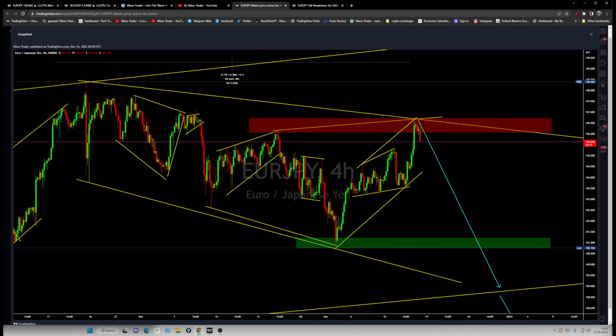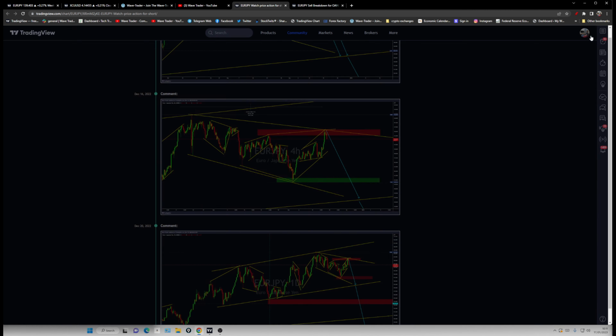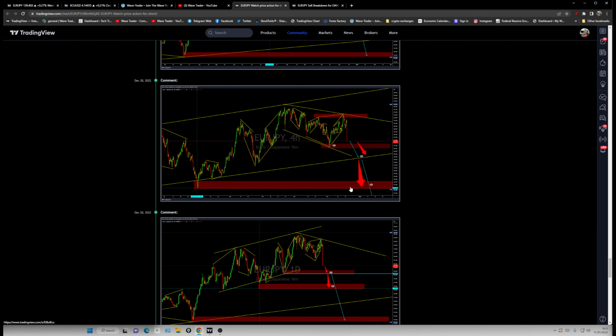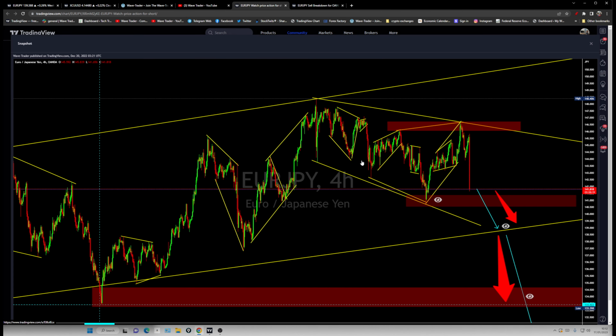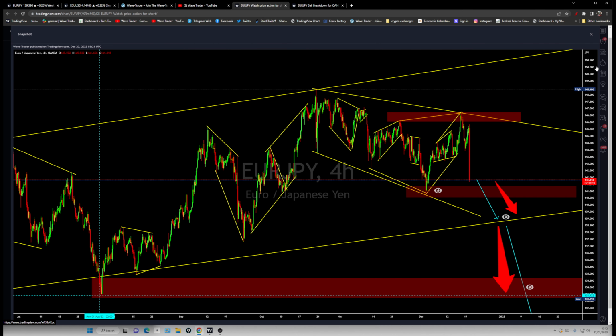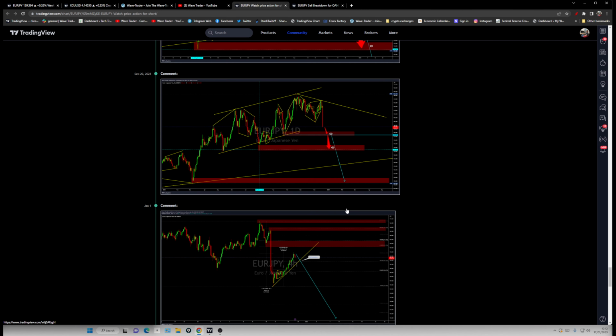Okay, so that expanding triangle just recently, last month in December. Okay, so we had that expanding triangle and the price just went lower from 147. All right, and it's just simply heading towards 133. So we're expecting it to just continue to keep dragging lower, guys.